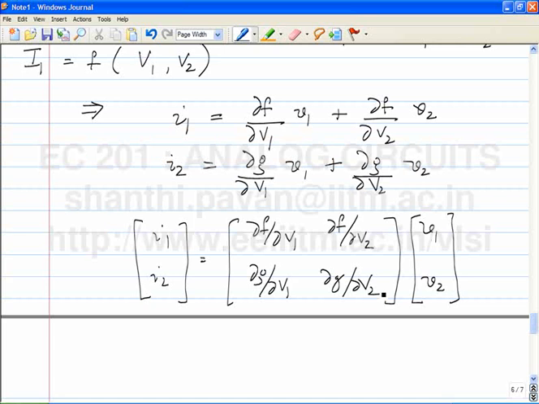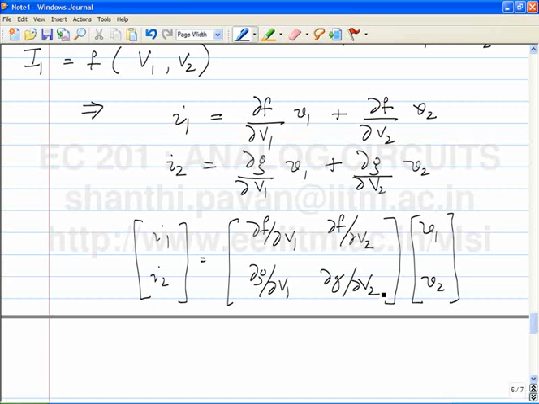And just like in the one port case, where the relationship between the incremental voltage and the incremental current depends on the operating point, here also the relationship between the incremental currents and the incremental voltages depends on the operating point, now defined as V1, I1, V2, I2. Does that make sense?